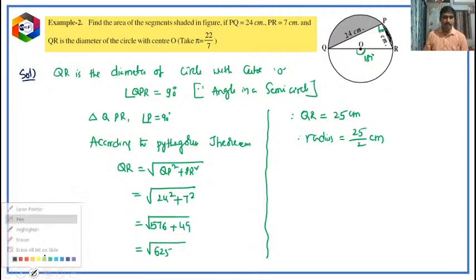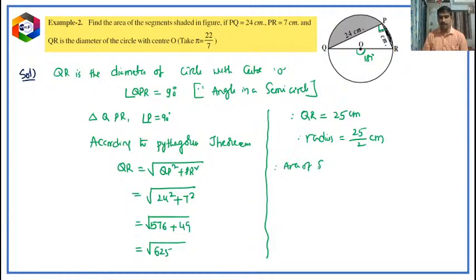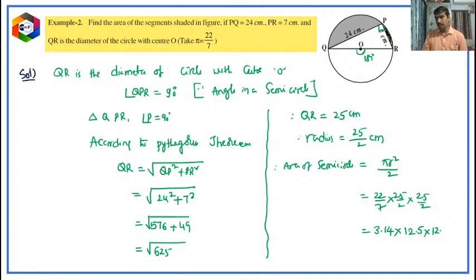So observe children, here now I am calculating the area of semicircle. Area of semicircle is nothing but pi r square by 2. Pi is 22 by 7, r is 25 by 2 into 25 by 2. 22 by 7 is approximately 3.14, so this is an approximate value, not the exact value. 25 by 2 is 12.5, so this is 12.5 into 12.5.